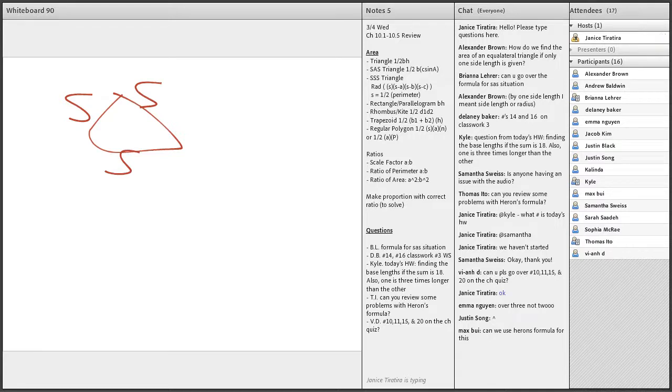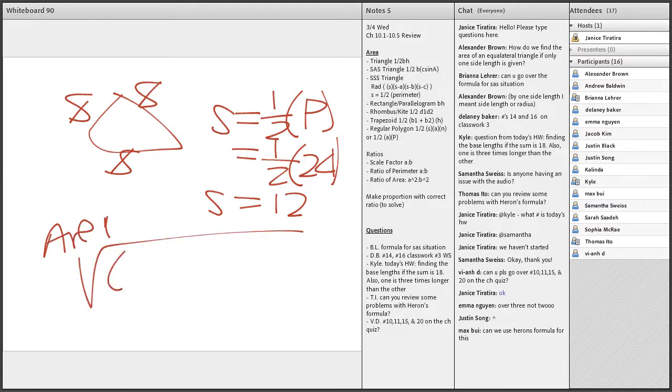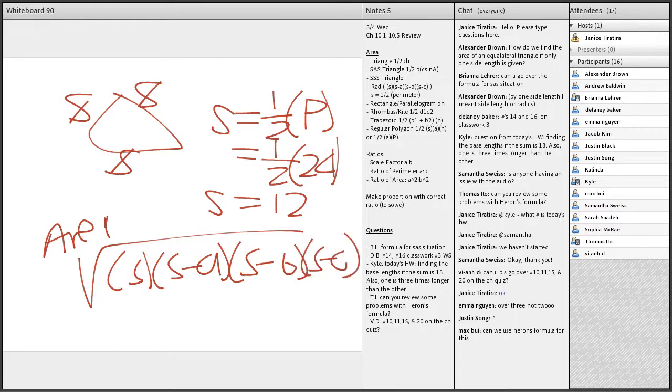Heron's formula, oops, this is all 8s. We would first find half the perimeter. So half the perimeter is 12. So we know what S is. Now to find the area, we would do S times S minus side A, S minus side B, S minus side C. Normally, we wouldn't do it for equilateral triangles, but I'm just showing you that you could do it this way.